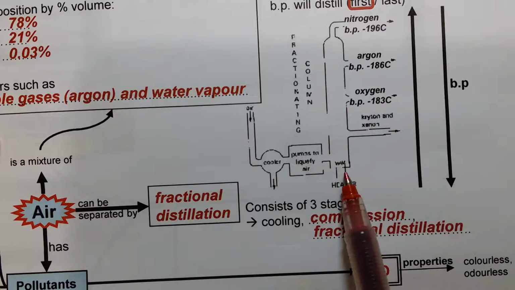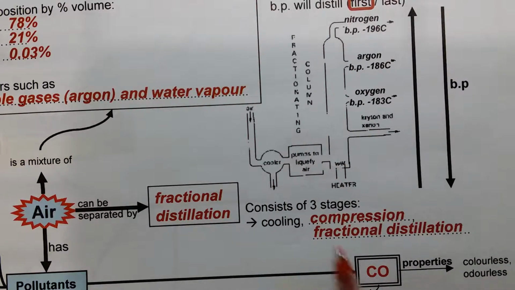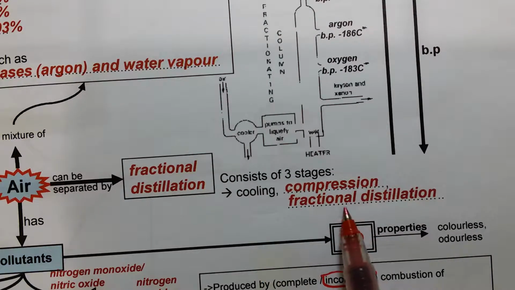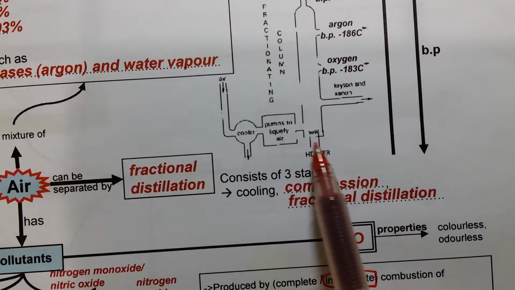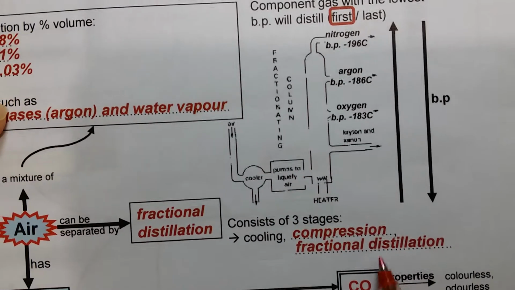Once it turns into liquid air, it will then be heated. So this entire process is the fractional distillation. It needs to be cooled, compressed, and then heated, whereby it is subject to fractional distillation in the fractionating column.